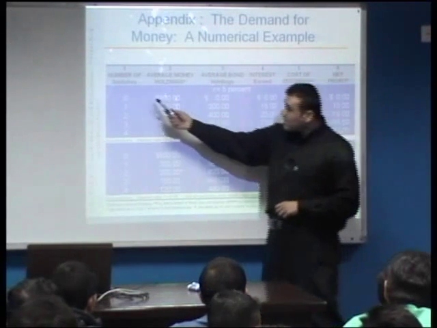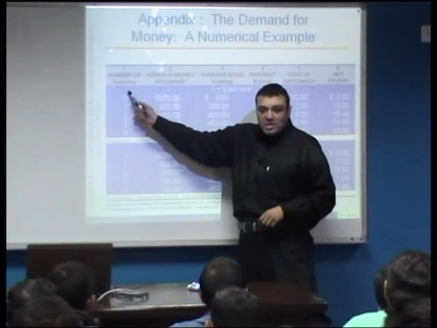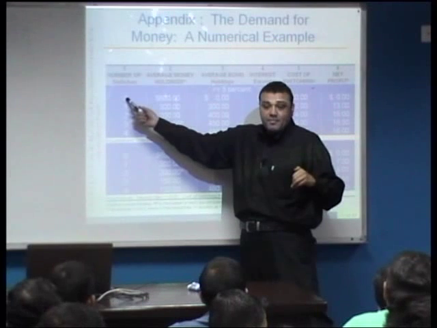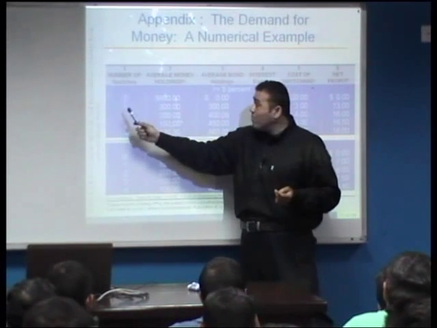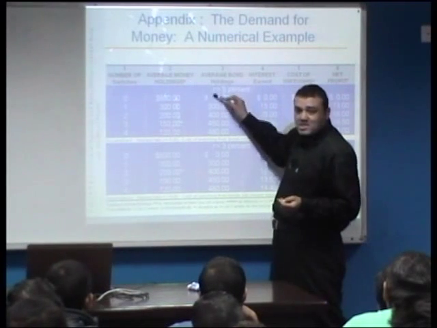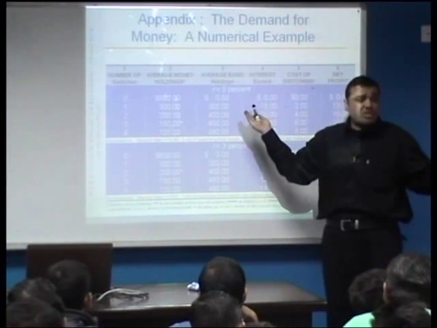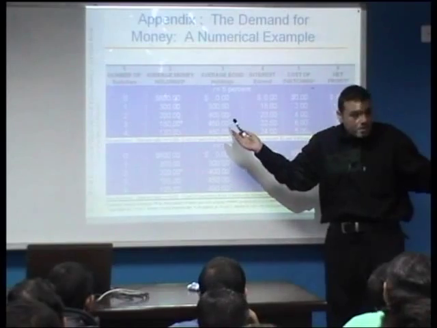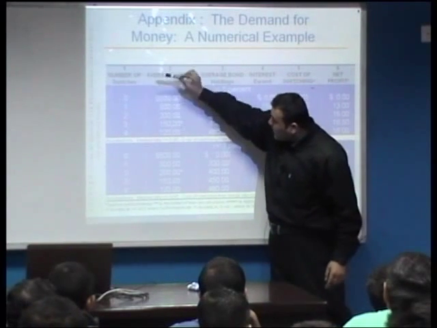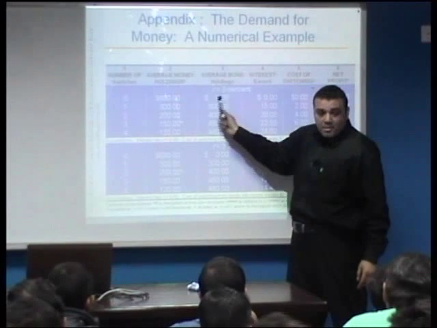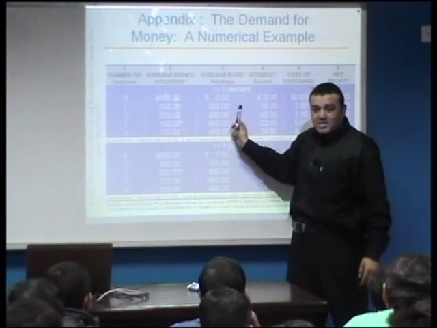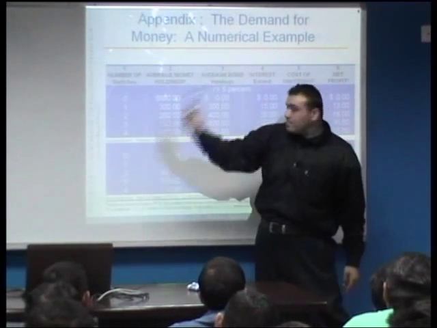So in this case, suppose the number of switches is 0 because he doesn't have bonds. In the first case he doesn't have bonds. The bonds holding is 0, so there is no switching. Suppose in the second case he sold the bonds, the $300 as a bond, one time.